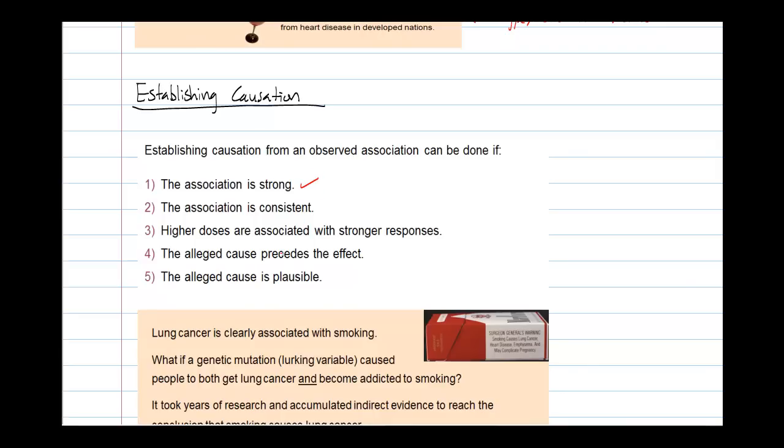First of all, there has to be some sort of strong association. We're looking at linear associations, but it could be some other type, some pattern that's easily predictable, not just by a line. Also, the association is consistent across all of the data points. Higher doses are associated with stronger responses, which would make sense. And also the alleged cause precedes the effect, and the alleged cause is plausible.